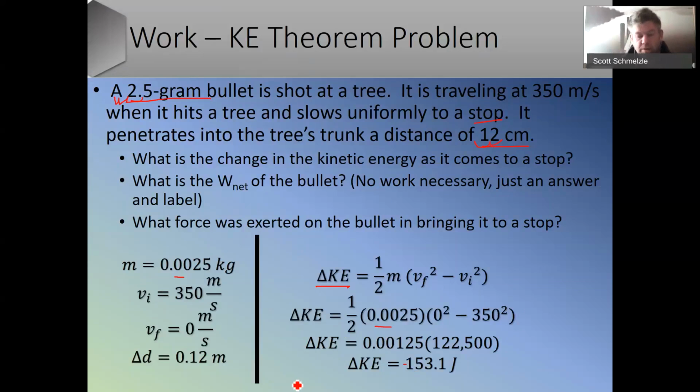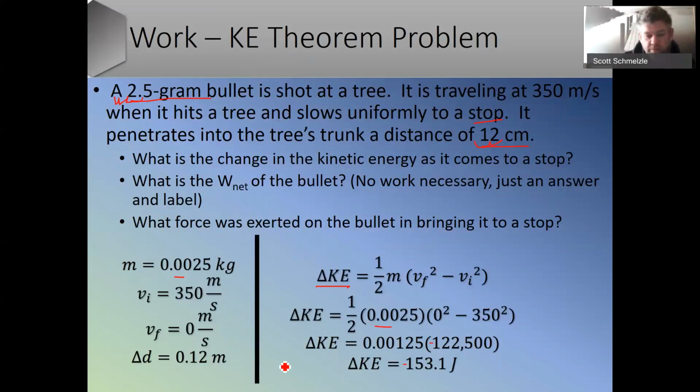Then I just took a half times 0.0025 and got 0.00125. I took 350 squared, that's negative, and I found out that that is negative 122,500. So my change in kinetic energy here should be negative 153.1 joules.